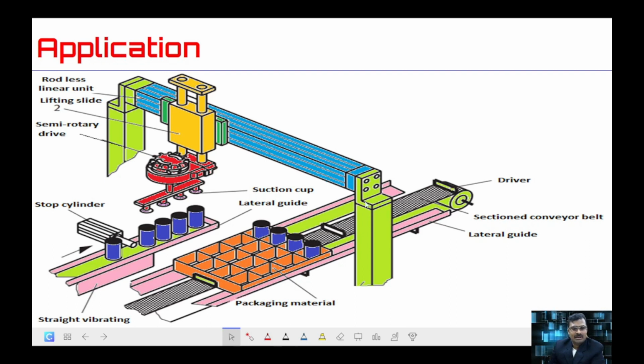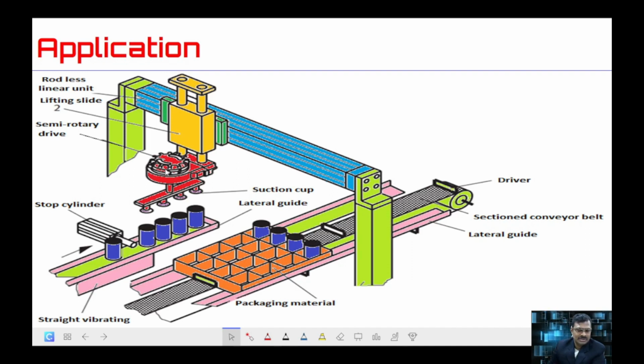Apart from this, we have cylinders and actuators, where we have one rodless linear unit, colored green, which moves horizontally from x to x minus, or whatever it is. The yellow one is a lifting cylinder, which goes vertically up and down.